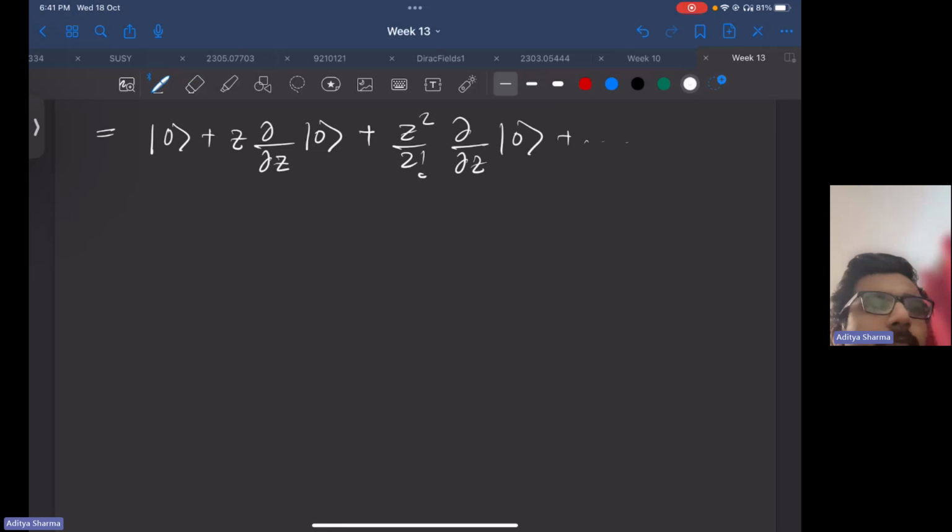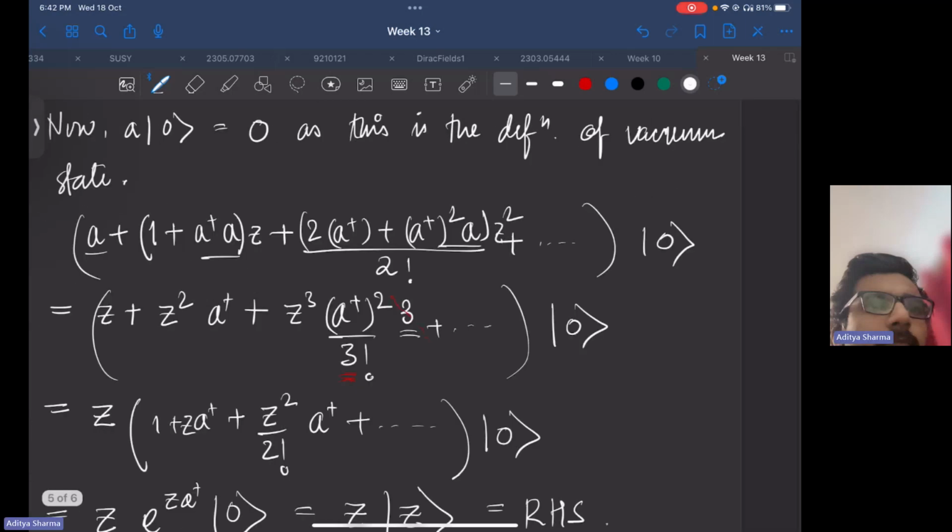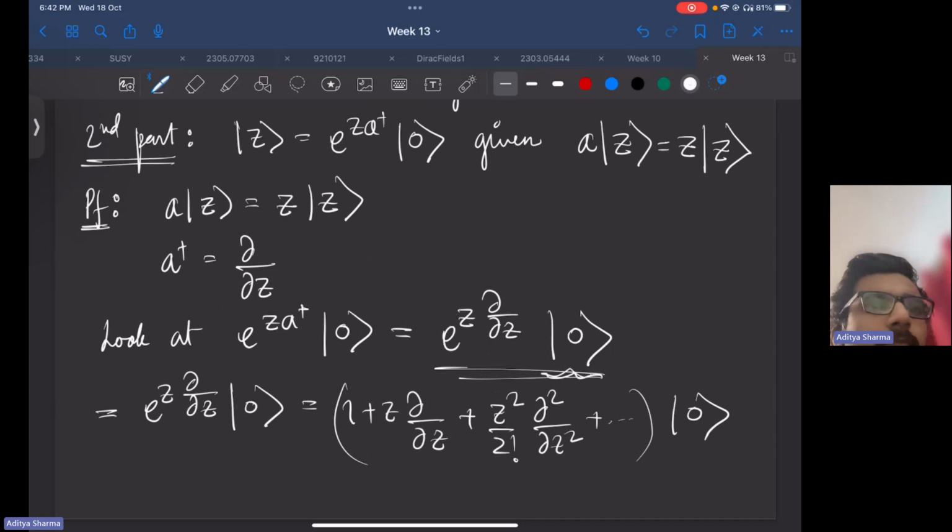This can be thought of as a Taylor expansion. This is a very non-rigorous proof, but I think one can bring rigor into it by putting this thing as psi of z.